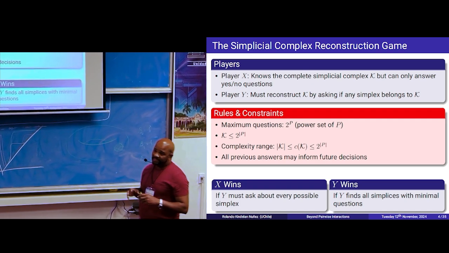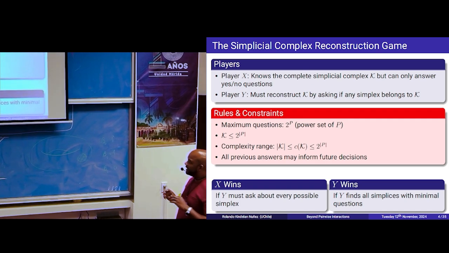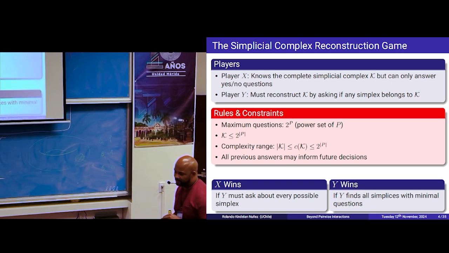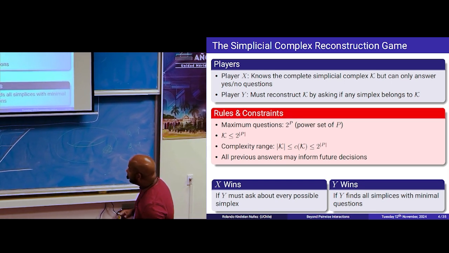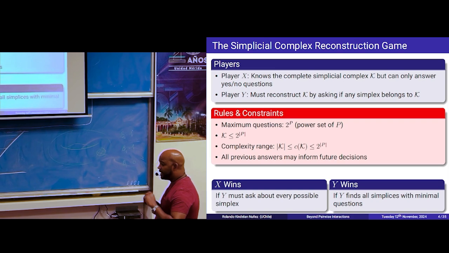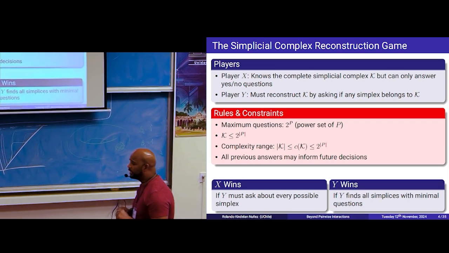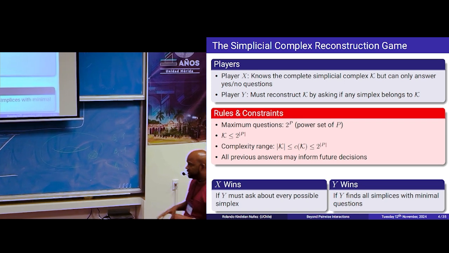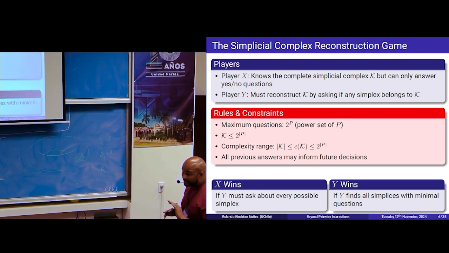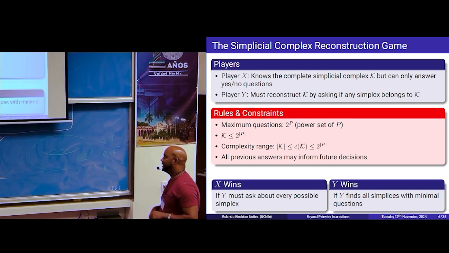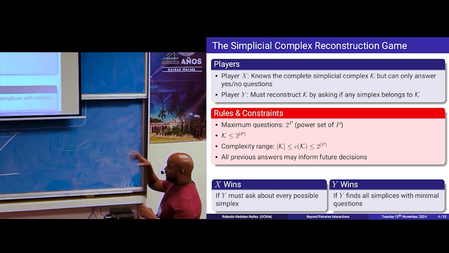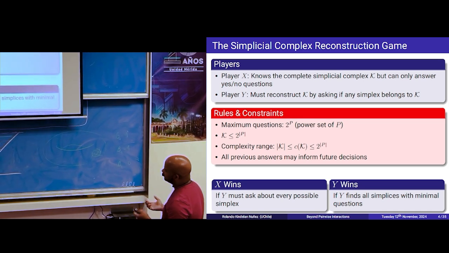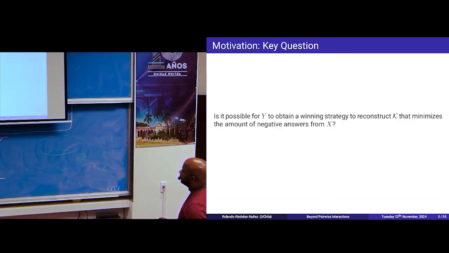So the idea is how Y can create a strategy that allows him to determine which simplices correspond to the complex with the least number of questions possible. So this talk is about one strategy that can allow that, not with the optimal number of questions, but with a small one.